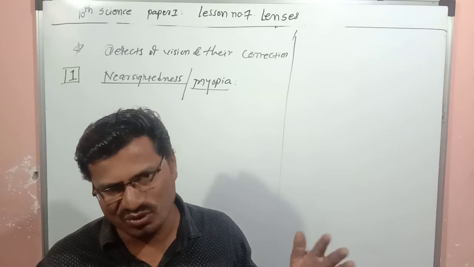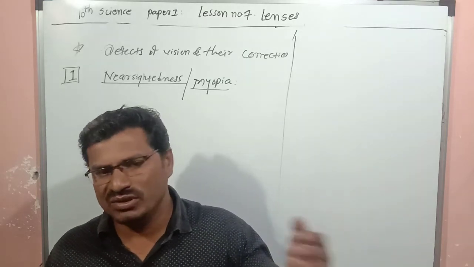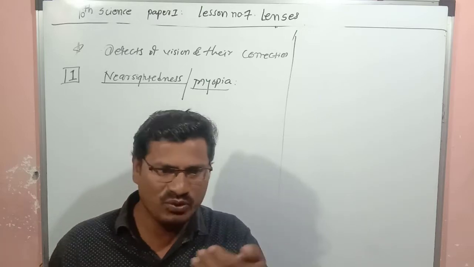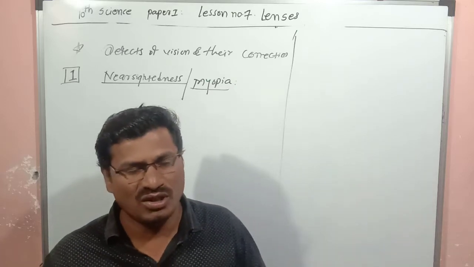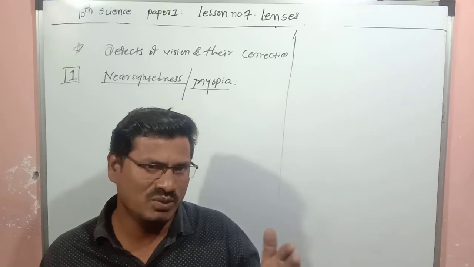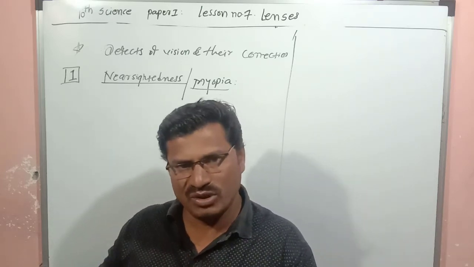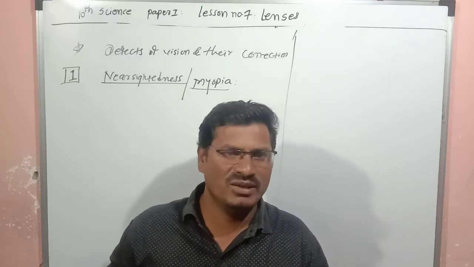Because of that, the image of the far away object is formed before the retina, in front of the retina, instead of forming on the retina.